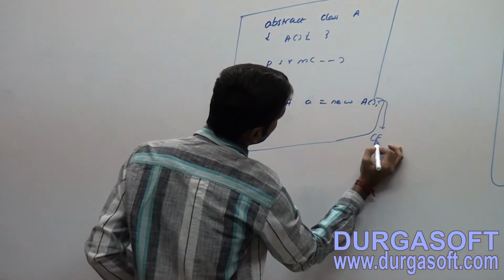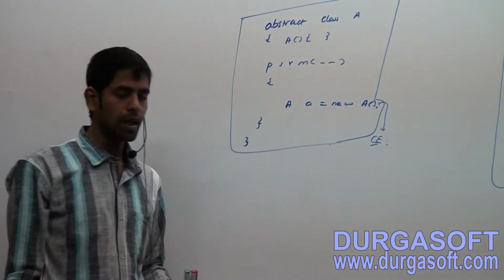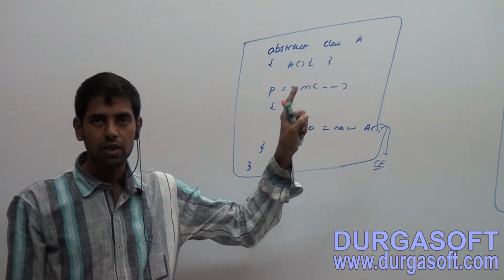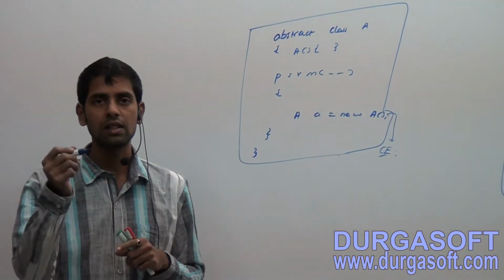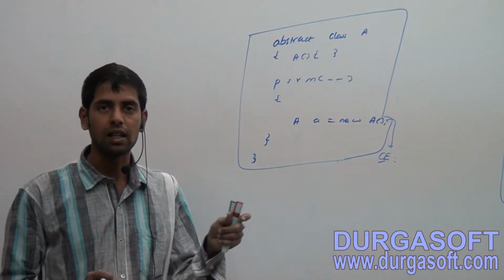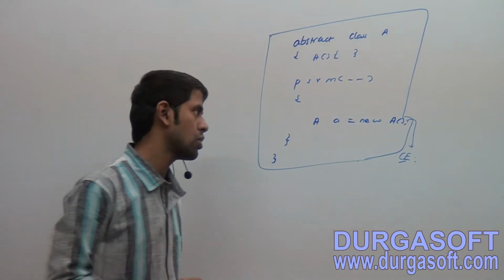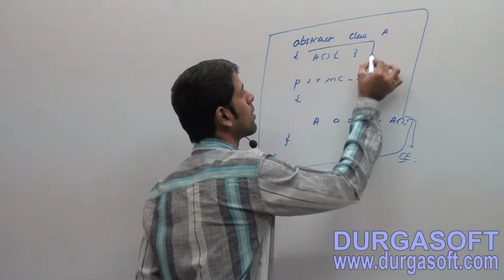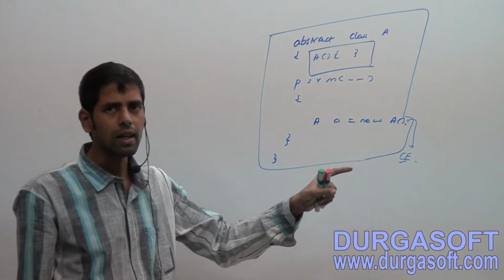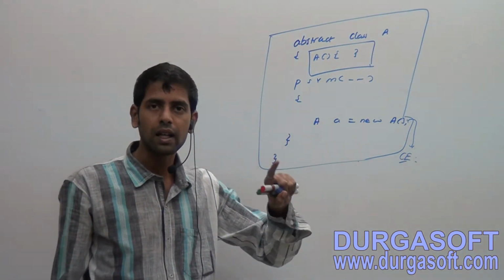No, it will give a compile time error. As what? Class is abstract, abstract class cannot be instantiated. Even though a constructor is available within the abstract class, why can we not create the object?